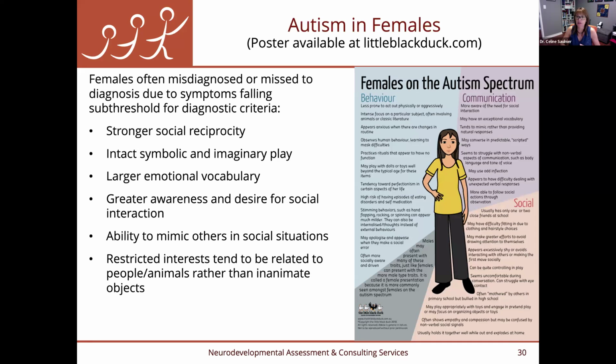Their circumscribed interests and their fixations could be more normalized, quote unquote. In classic autism in males, it's trains and dinosaurs and things and objects. With females, it tends to be more people, characters, animals. That seems to be more naturalized. So when someone sees that behavior, yeah, it seems intense, but not atypical, that can't be autism. And then they fall sub-threshold.